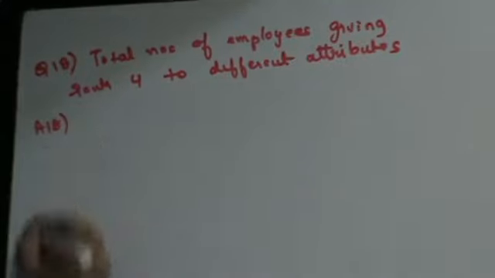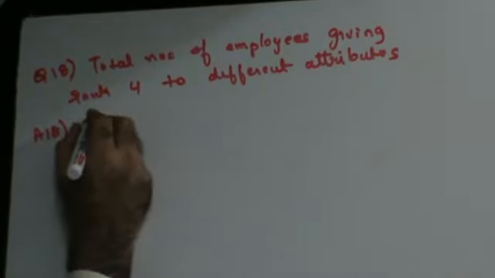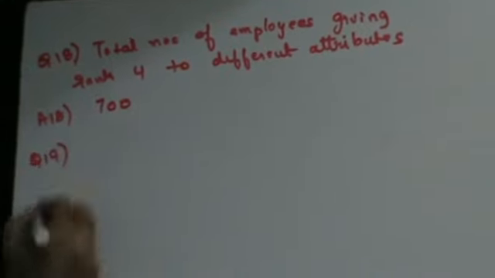Very intelligently framed question. They've already told you that the total number of employees is 700. So the total number of employees for every rank is going to be 700 only, since all 700 must have given some rank to every attribute.